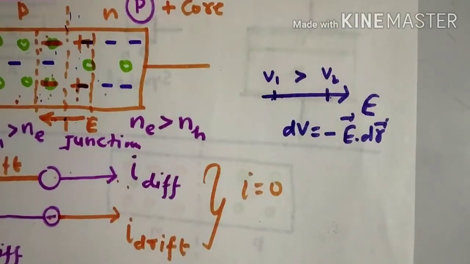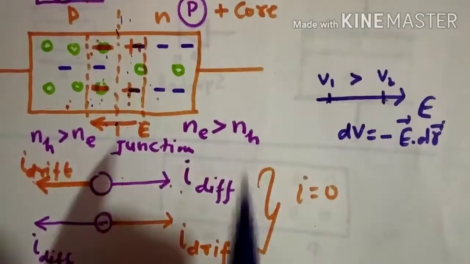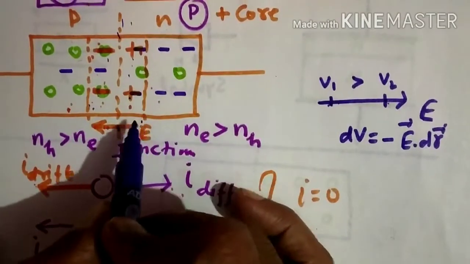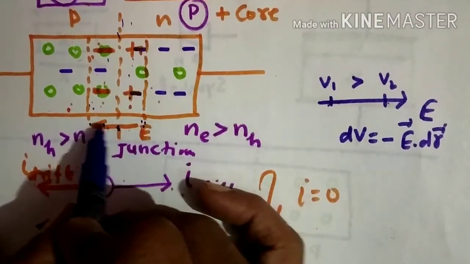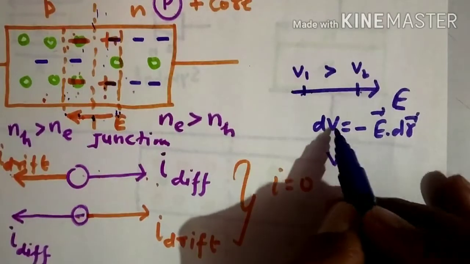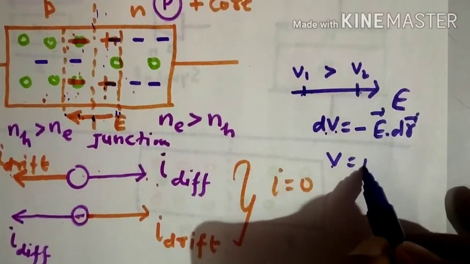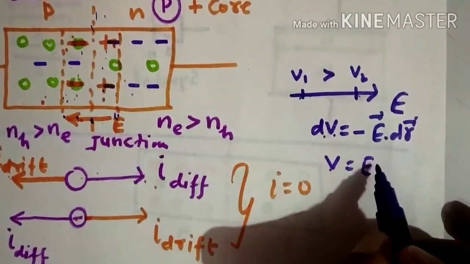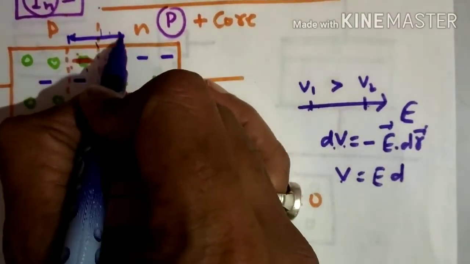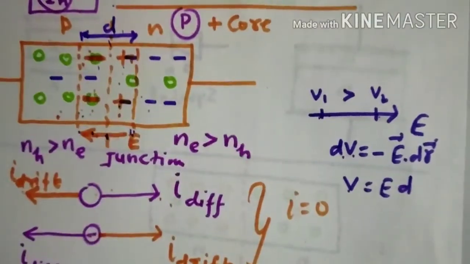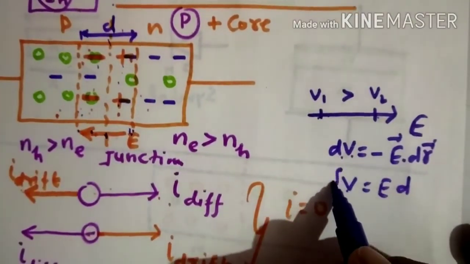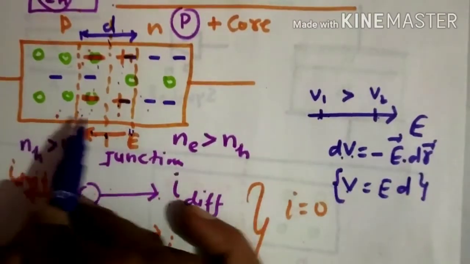Here also, if in the depletion layer across the junction of your diode there is an electric field, there will be a potential difference. And this potential difference V equals E times d, where E is the electric field and d is the width of the depletion layer. So this is the potential difference across the depletion layer.